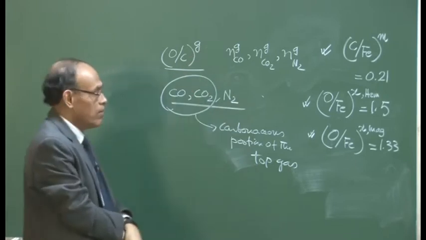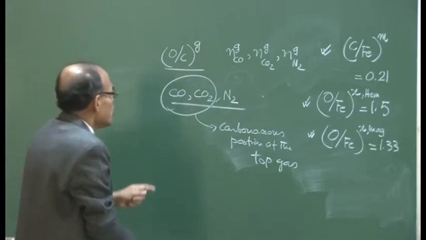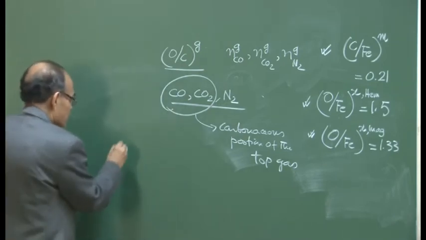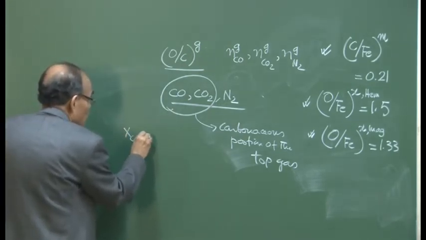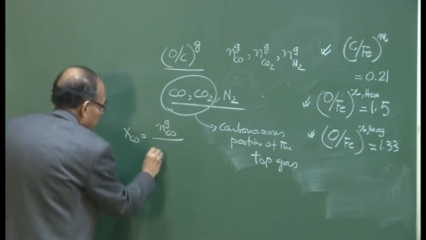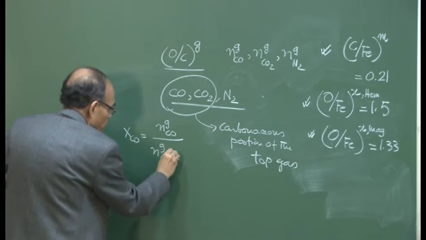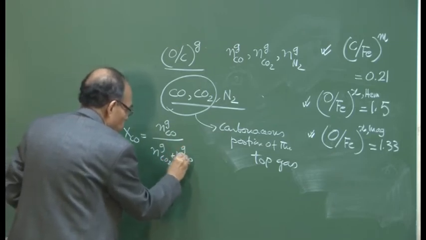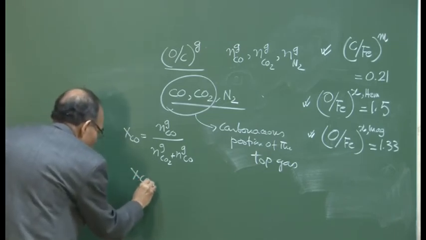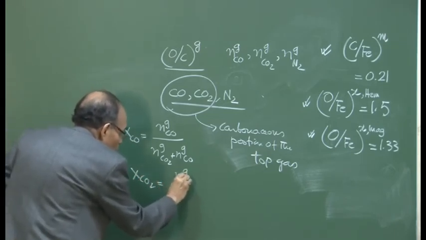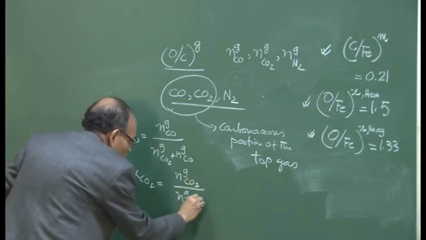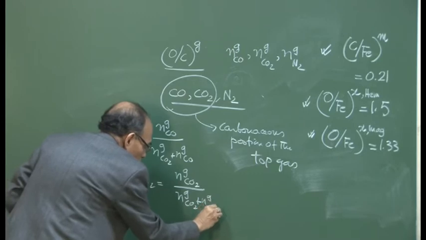So, if you consider the carbon monoxide and carbon dioxide part only, then XCO is going to be equal to NgCO in the carbonaceous portion, divided by NgCO2 plus NgCO. And similarly, XCO2 is equal to the number of moles of CO2 divided by NgCO2 plus NgCO.